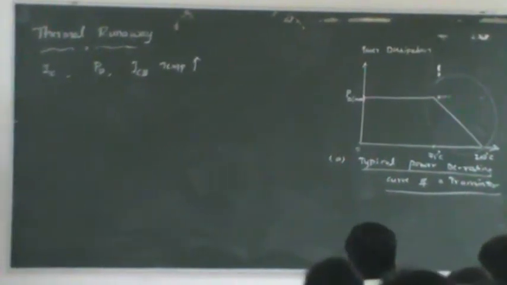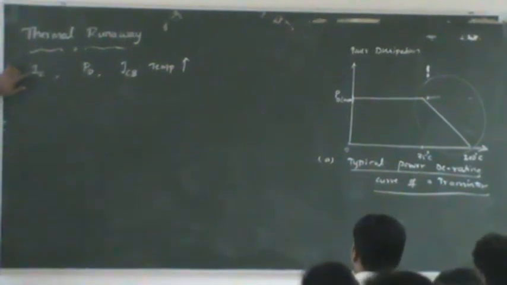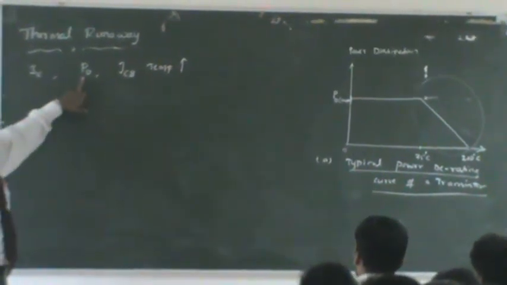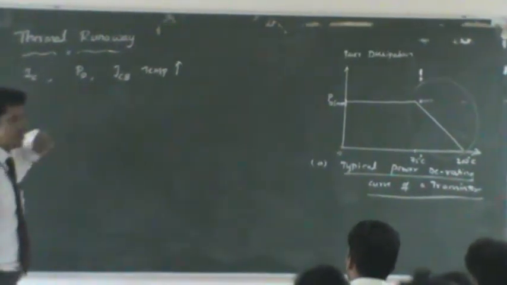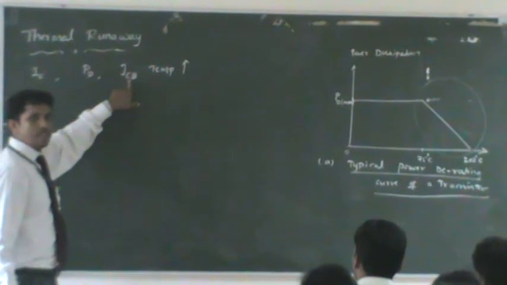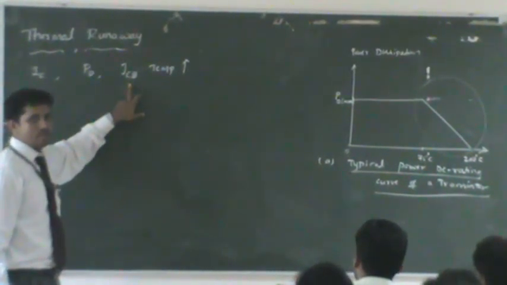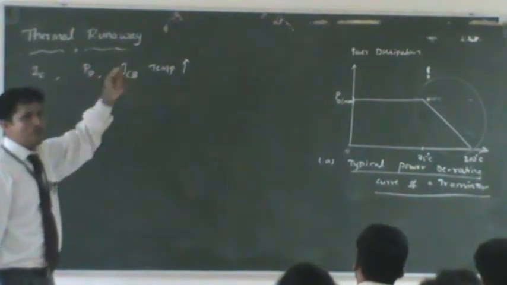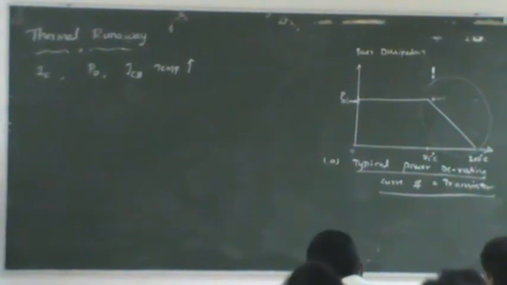Understand the phenomenon? There is a one-to-one link here. Normally in a transistor amplifier, current flows. When current flows, some power gets dissipated in the transistor. I am looking only at the transistor, not a complete amplifier circuit. When power is dissipated, the temperature across the junction increases. When junction temperature increases, what will happen to the leakage current?